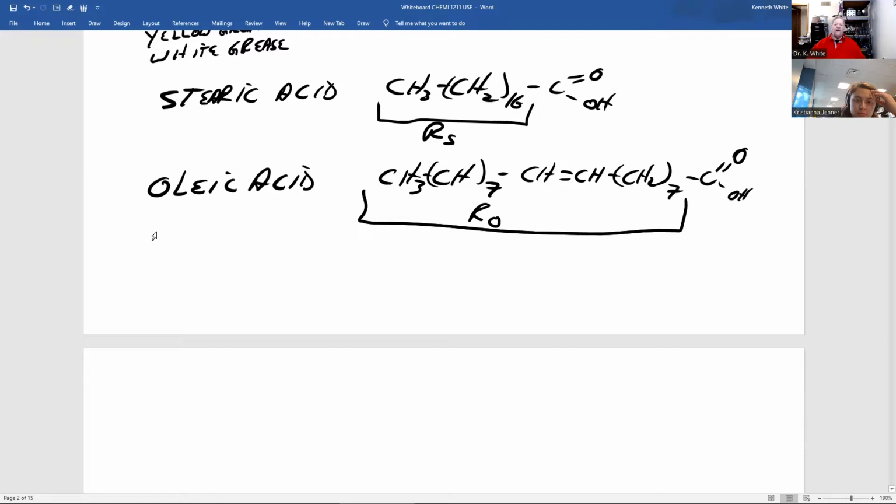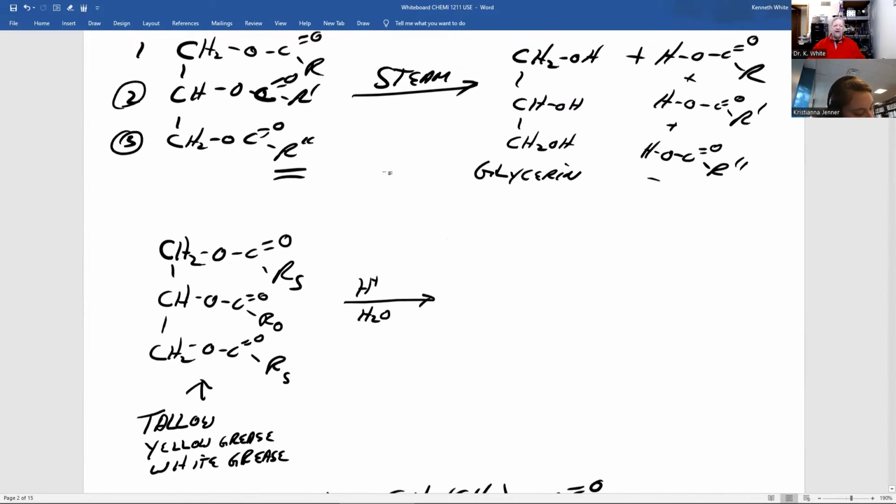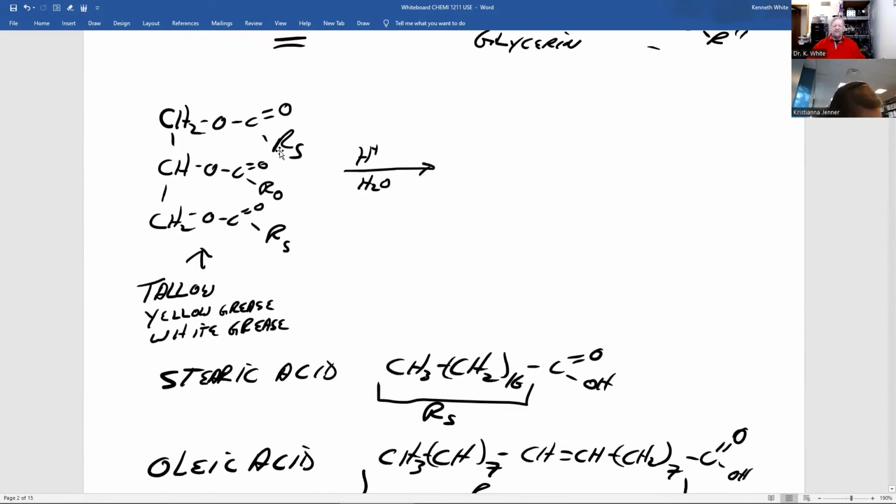Now, when I ask on a test, like test 4, give the structure of stearic and oleic acid, I'll ask to see the actual carbons like I have here, not R sub S. But in a reaction, if this is how you're abbreviating it, then you can put R sub S for here.